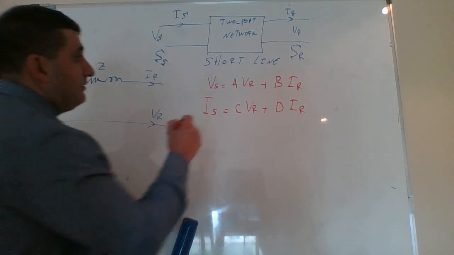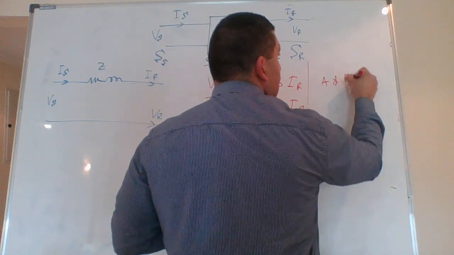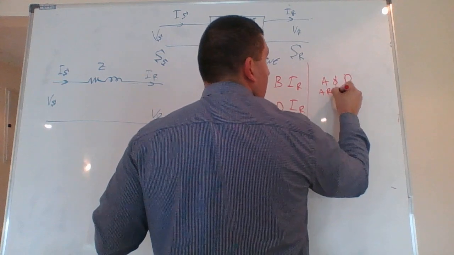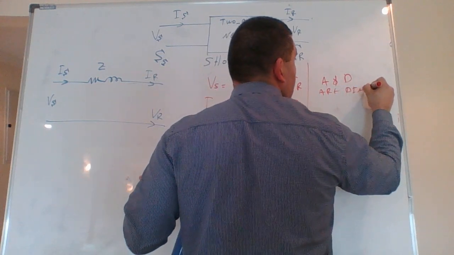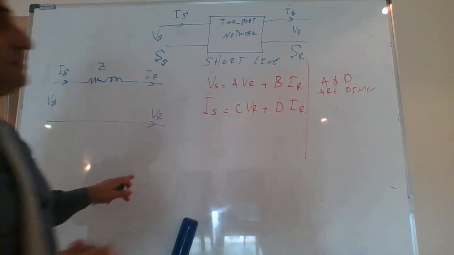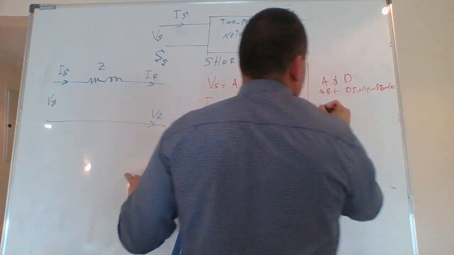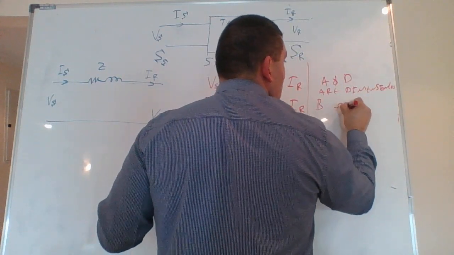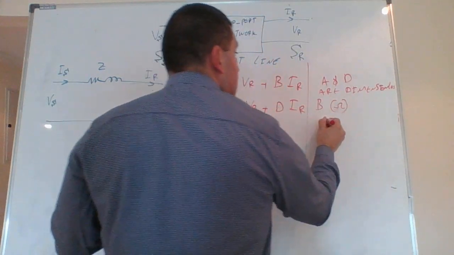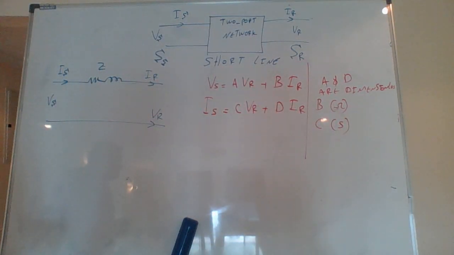So A and D are dimensionless, B unit is ohm, C unit is S, Siemens.